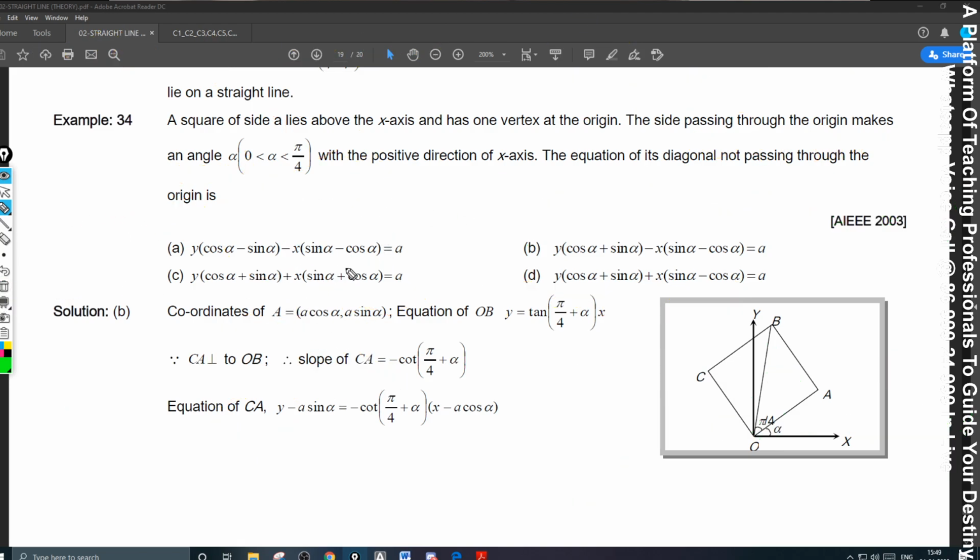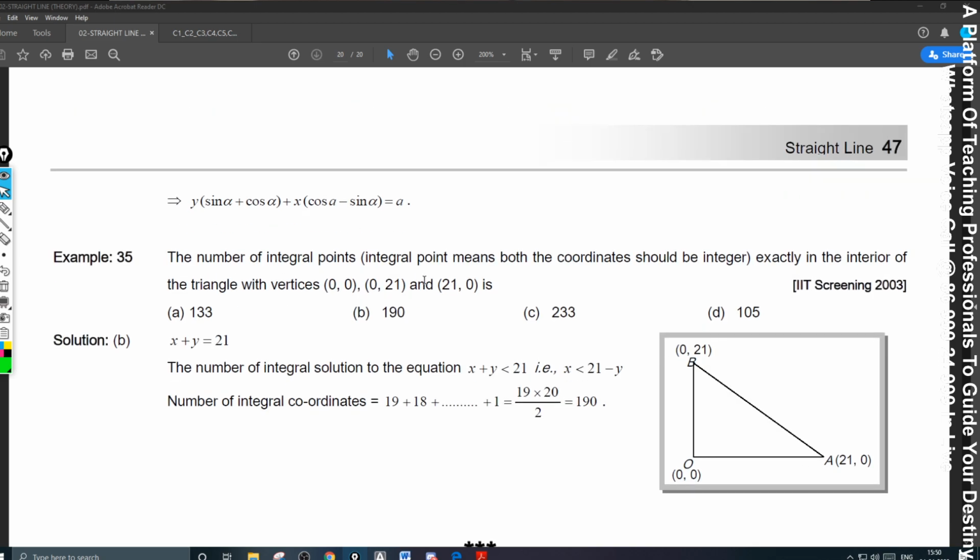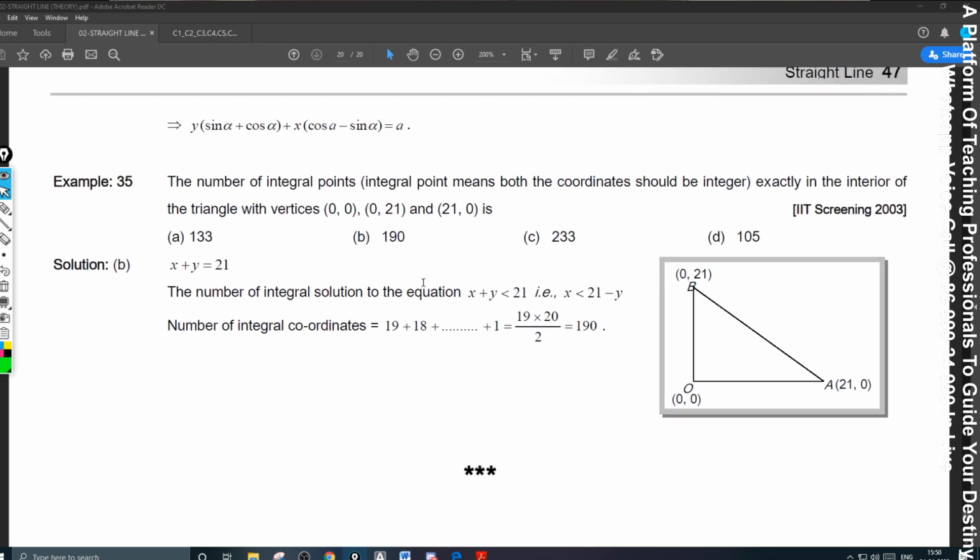Okay, that's what it is. Let us see now the angular bisectors, which is also an important concept as far as the objectives are concerned.